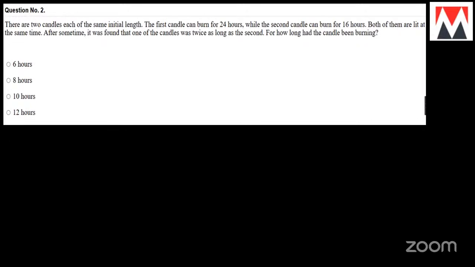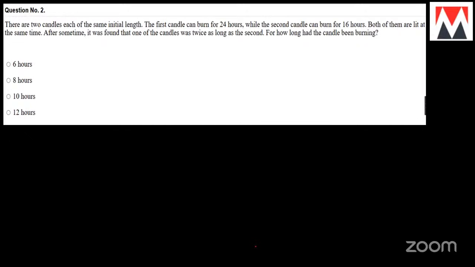So let us solve this question. It is given two candles, each of the same initial length. The first candle can burn for 24 hours, while the second can burn for 16 hours. Both are lit at the same time. After some time, one of the candles is twice as long as the second. This can be taken generally like the distance, velocity and time formulas.